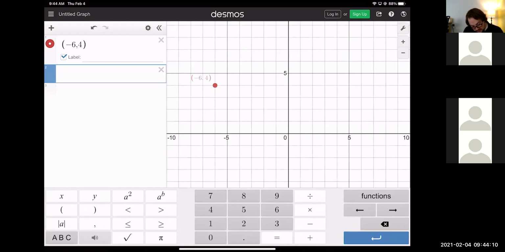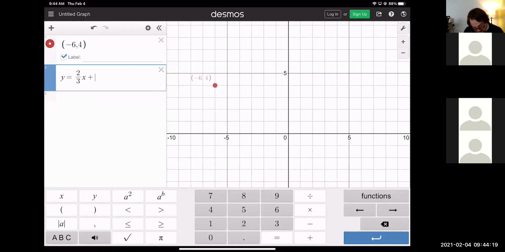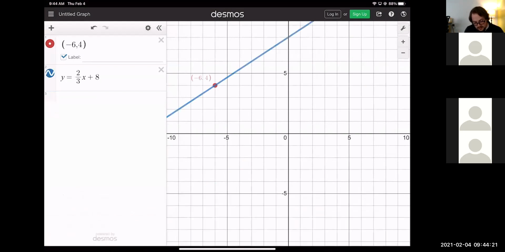But the equation we came up with was y equals 2/3 x plus 8. Now, I don't know if you can tell that, but it has a y-intercept at that 8 that we ended up finding, but it goes exactly through the ordered pair that we were given.